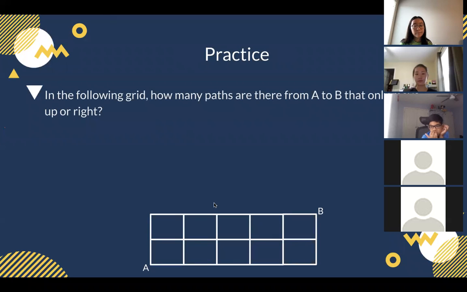All right, so now we have a practice question. In the following grid, how many paths are there from A to B such that you can only move up or right?